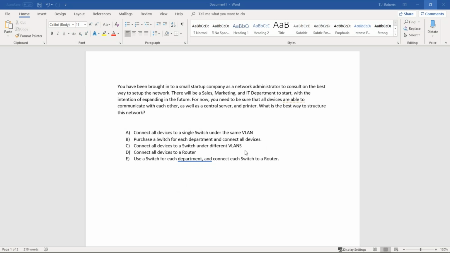I'll give you guys a hint. This won't work. Who knows why? I think Matthew already mentioned it. Right. So yeah, that's exactly why. Mike is saying that on the statement, you need to ensure that all devices are able to communicate with each other.